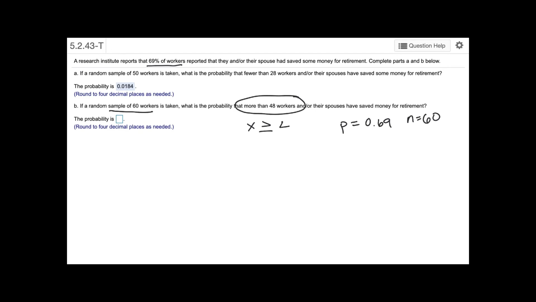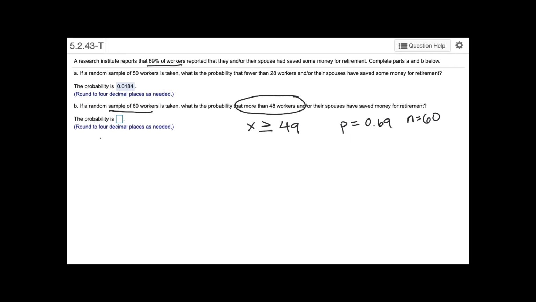So the x value I'm solving for is x is greater than or equal to 49. Again, it can be helpful to imagine you've got all 60 workers standing in front of you. When it says more than 48 workers, I am standing in front of that 48th person. They're not the one I'm counting. I'm starting at 49 and up.